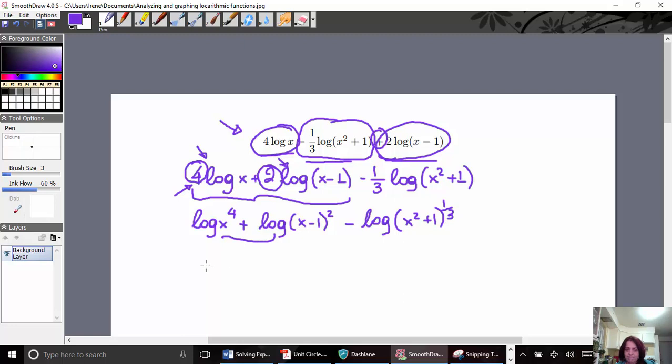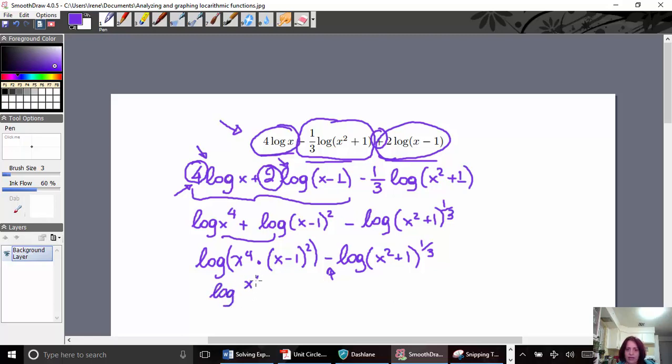Now I have a sum, so I will multiply the arguments. So I have log of x to the 4th times x minus 1 squared minus log of x squared plus 1 to the 1/3. And since here I have a minus, this means that I can divide the arguments of the logarithms.